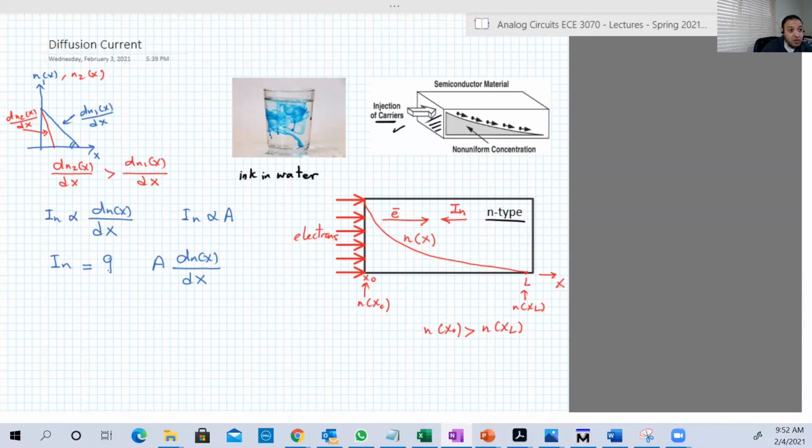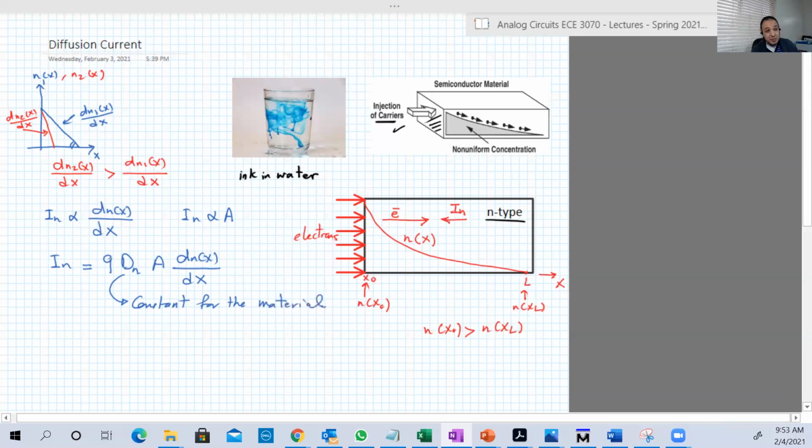And we have here a constant for this proportionality, which is called Dn in that case, because this is in an n-type material. So this is a constant for the material.